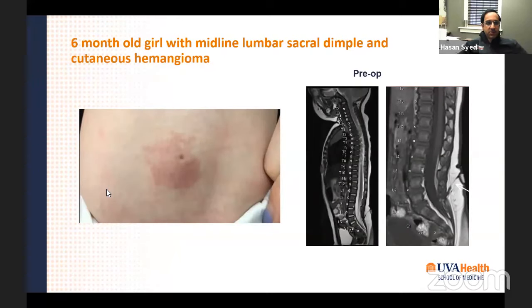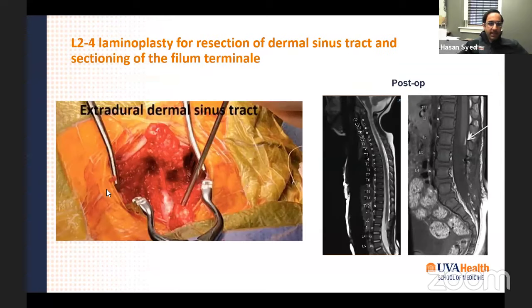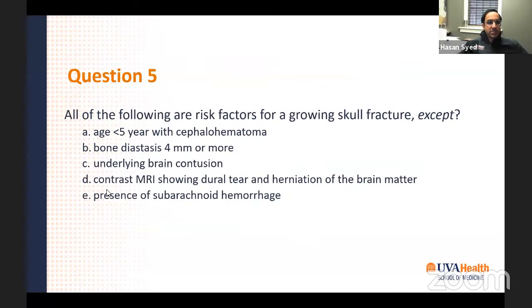This was a 6-month-old girl with a sacral dimple and a cutaneous hemangioma. That prompted further workup, and the imaging studies showed a tract with a low-lying cord as well as fat within the spinal cord. Laminoplasties were done to expose this dermal sinus tract and then cut the filum where the fat was as well.